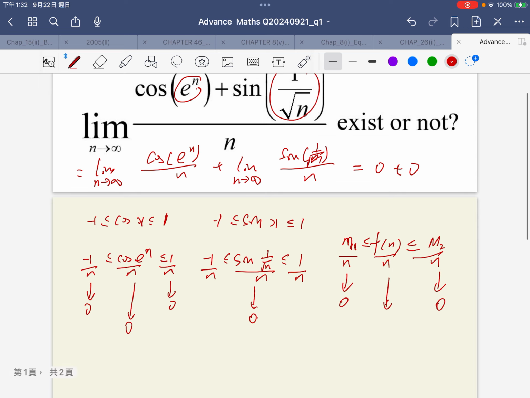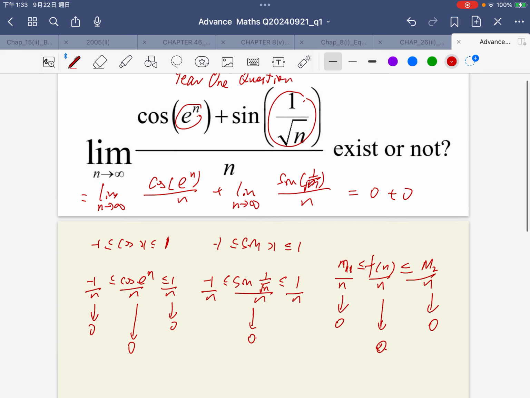Then the middle term must tend to 0. This is the property of a bounded function over infinity: it must be 0.